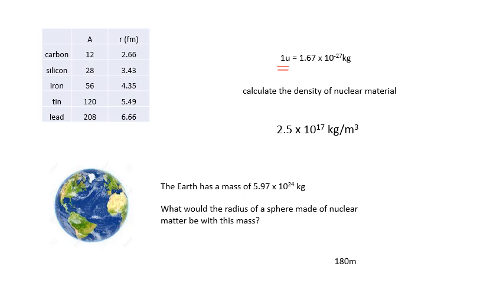I've seen a similar question where you've got the sun, and the mass of the sun is ridiculously big, about 10 to the 30 kilograms. And if that shrank down to become a neutron star, its radius would be about, I believe, 27 kilometers, something like that. Nuclei are very, very, very dense.